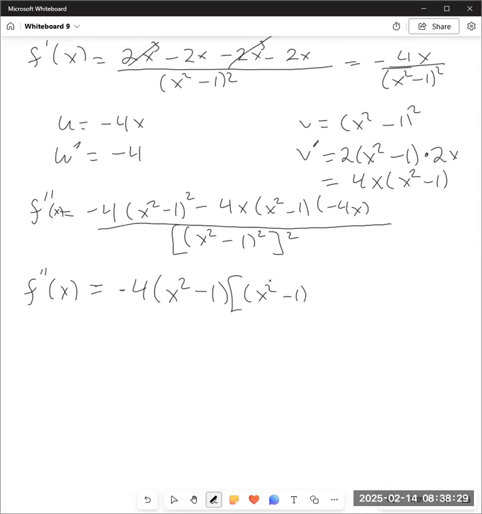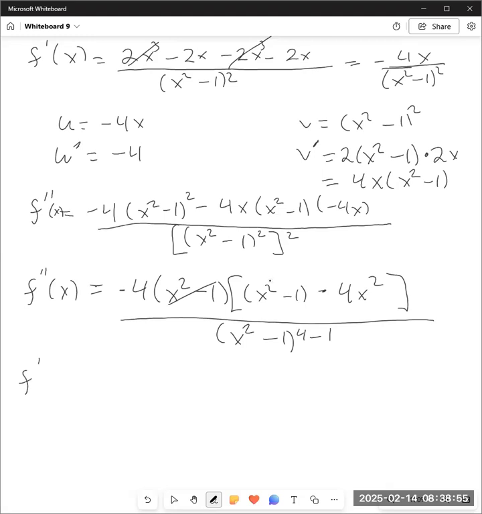And that leaves me with negative 4x times x, which is negative 4x squared. And we've taken out the x squared minus 1. Let's close that up, and down here will be x squared minus 1 to the fourth.